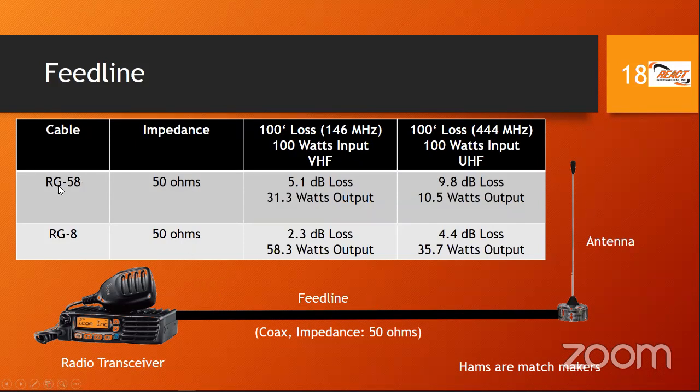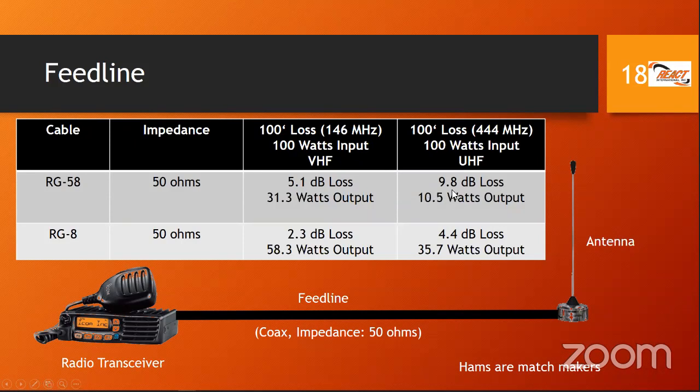So approximately the majority of my signal is actually being lost in the feed line itself, as heat, all right? So that's not very good, but it's even worse if I'm using that same RG58 cable on the UHF band. Look at the loss, 9.8 dBs.